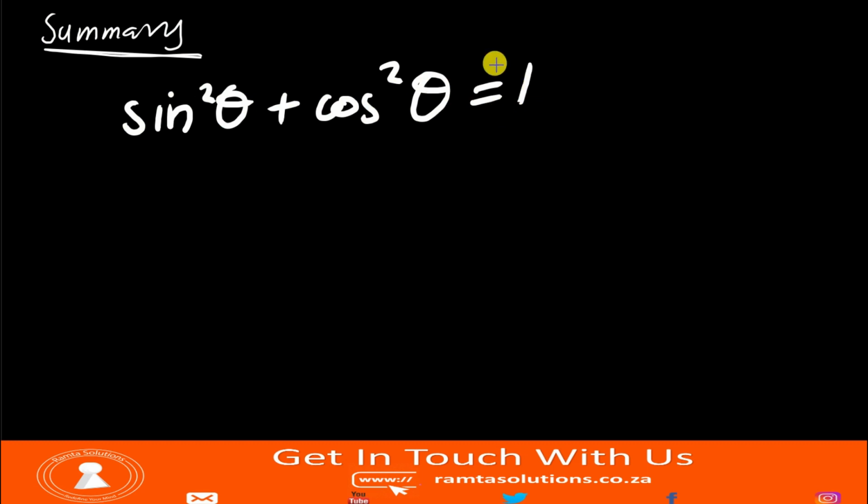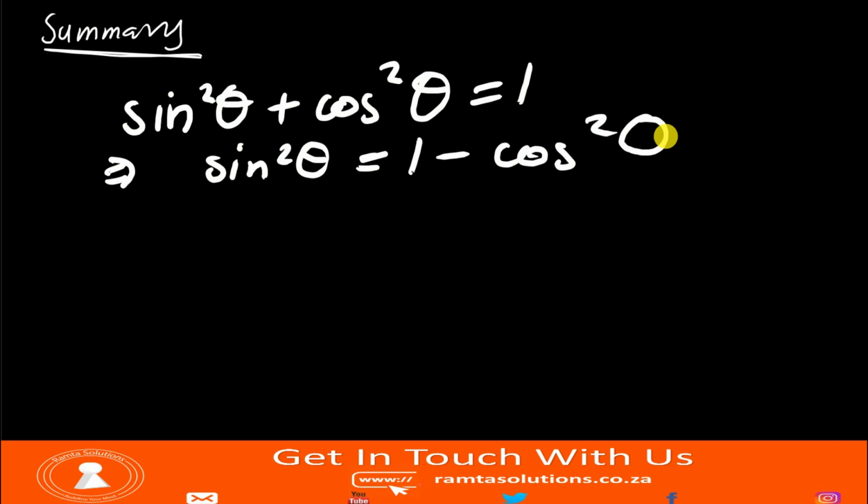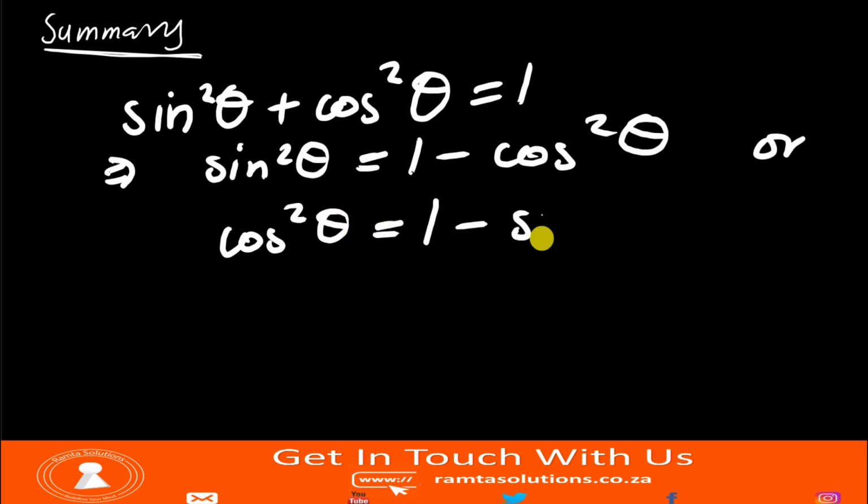You can also play around with it and make sine squared or cos squared the subject of the formula. In other words, this also implies sine squared theta equals 1 minus cos squared theta, or cos squared theta equals 1 minus sine squared theta.